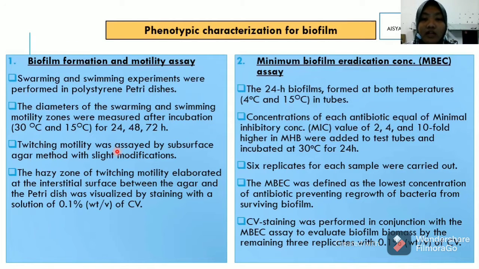Six replicates for each sample were carried out, and the MBEC was defined as the lowest concentration of antibiotics preventing regrowth of bacteria from surviving biofilm. The crystal violet staining was performed in conjunction with the MBEC assay to evaluate biofilm biomass by the remaining 3 replicates with 0.1% weight per volume of crystal violet.